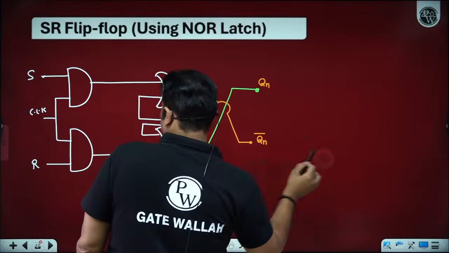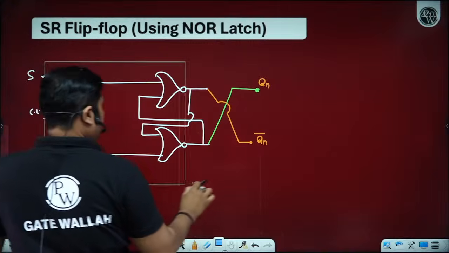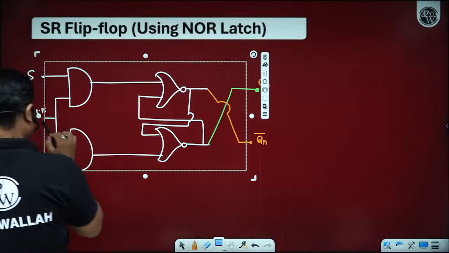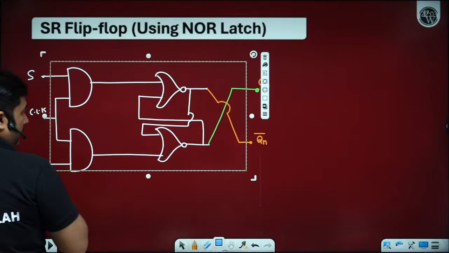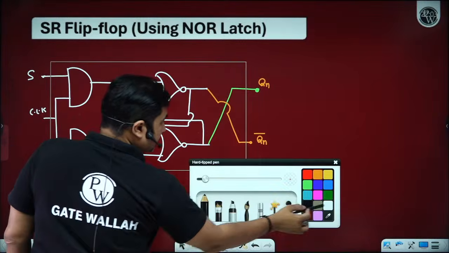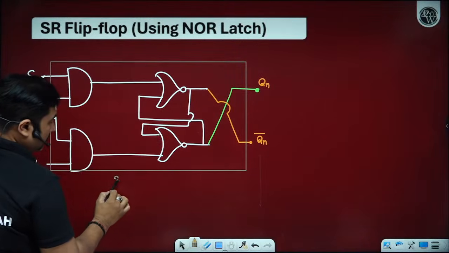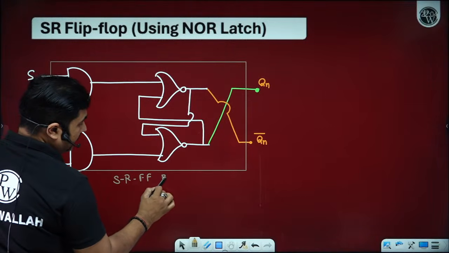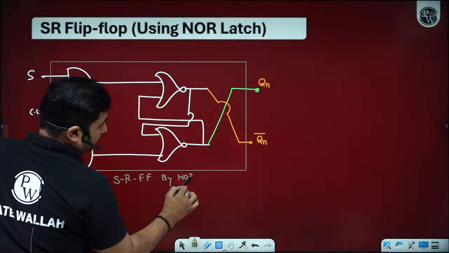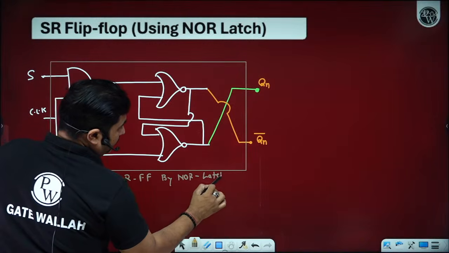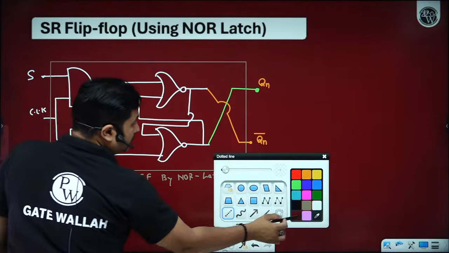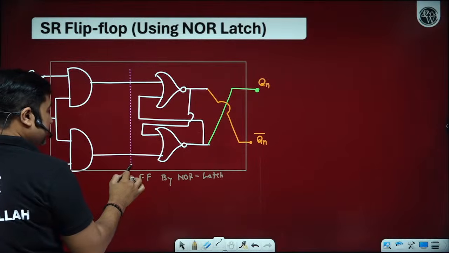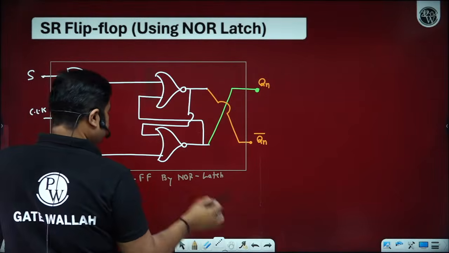So basically, this is your SR latch, SR flip-flop by NOR latch. So it can be clearly observed, this portion is representing a NOR latch.